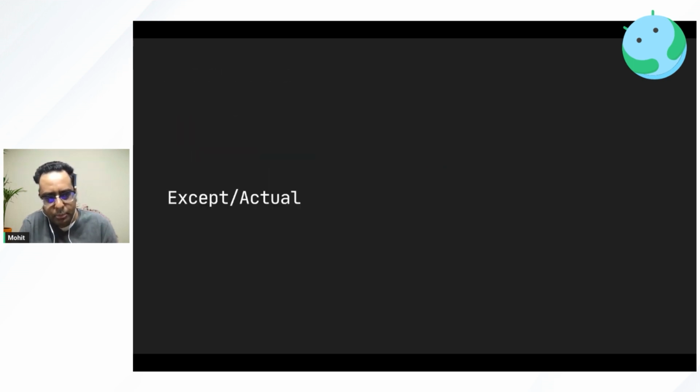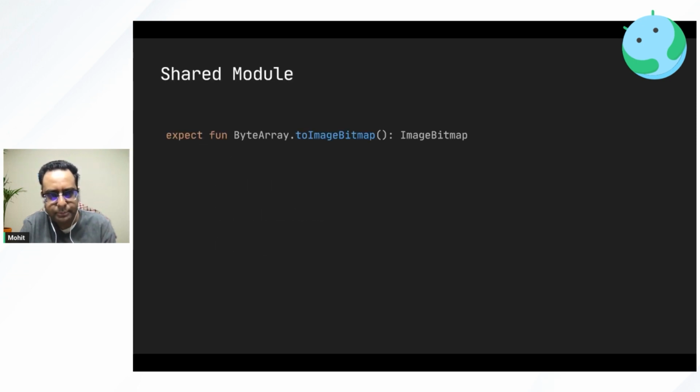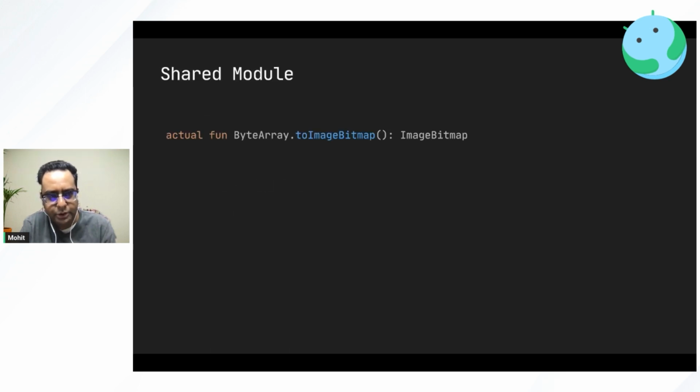You can use expect and actual also for composable methods, which is really nice. For example, in my commonMain, I could specify an expect like this: an extension to byte array, returning an image bitmap. Then in my Android source set, I could write actual fun toImageBitmap, utilizing the extensions provided to get a specific bitmap from a byte array.